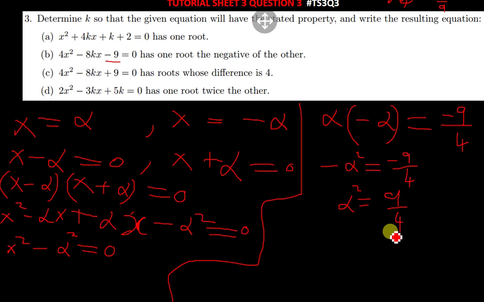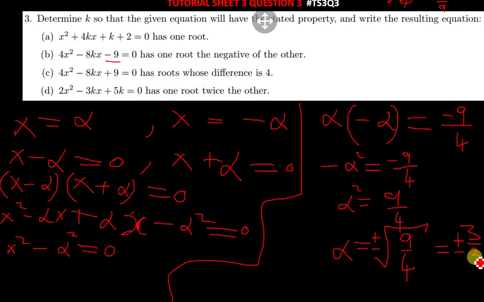So meaning alpha will just be equal to plus or minus the root of 9 over 4, which is just equal to plus or minus 3 over 2. So once you get this, remember what we are looking for is not alpha, we are looking for k. So this has just helped us to find alpha, and this is not k.